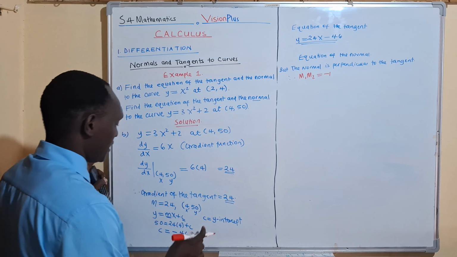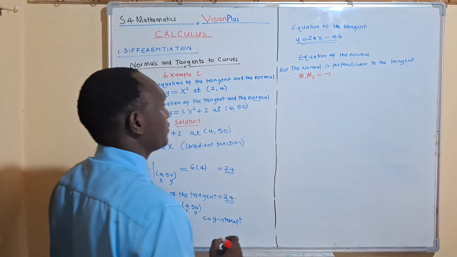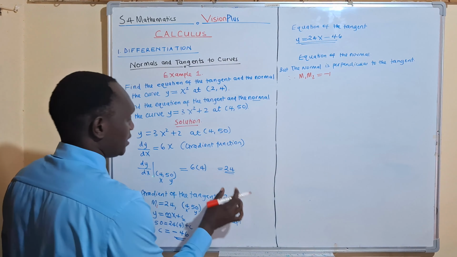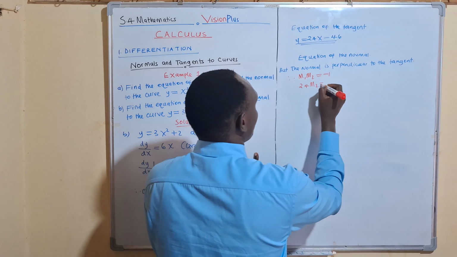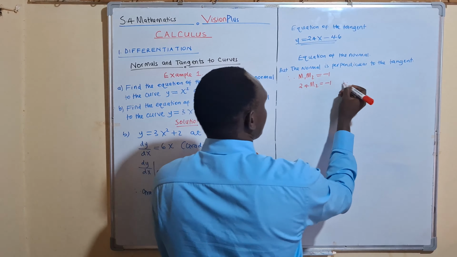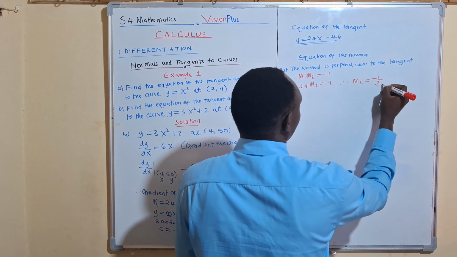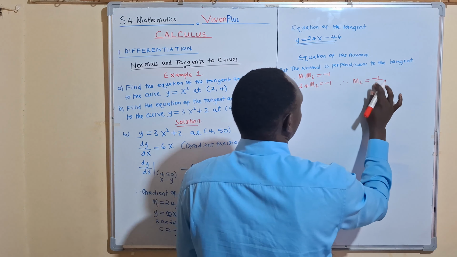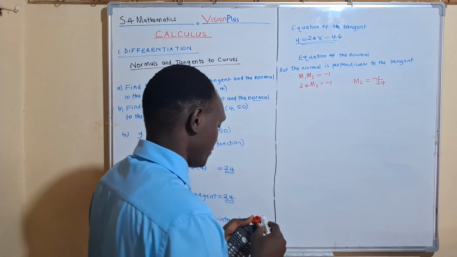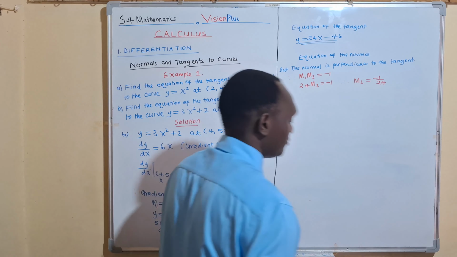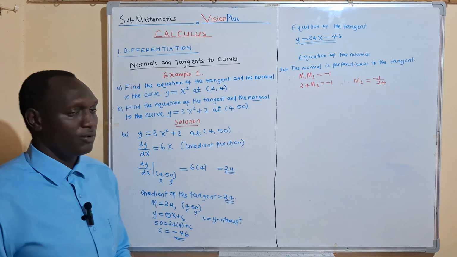Let us call the gradient of the tangent m1. So m1 is 24. So we substitute 24 there, and m2 equals -1. So from here our m2 becomes -1 over 24, where m2 stands for the gradient of the normal.